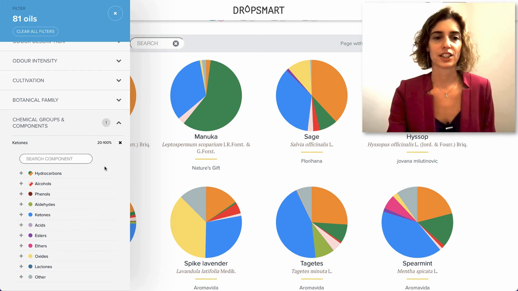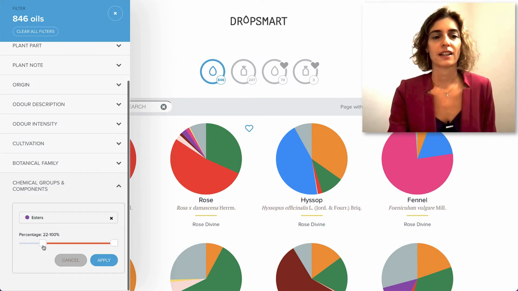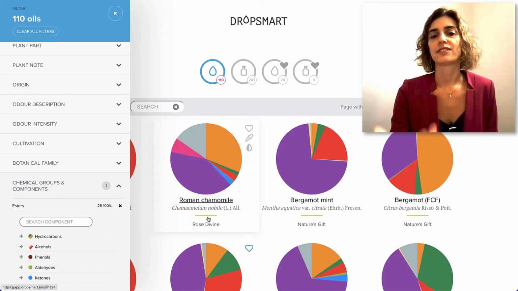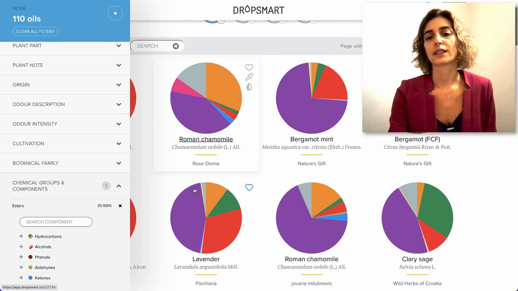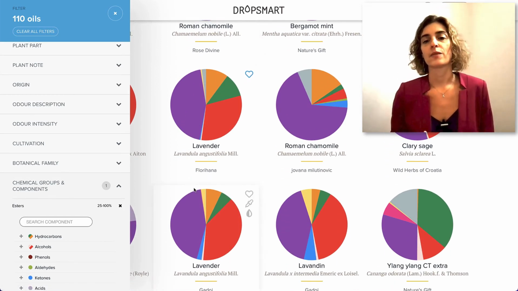Next one is esters, and I will show you why this one is quite interesting. Esters are in oils that you're very familiar with, like lavender, Roman chamomile, bergamot, clary sage, ylang ylang, and those are very flowery smells.